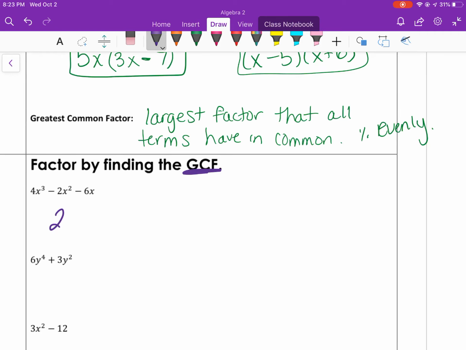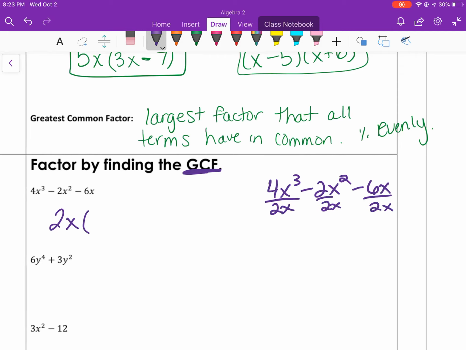Now, x cubed, x squared, x. X is the biggest one that I can take out because the 6 only has 1 x. The 4 has 3 x's. The 2 has 2 x's, but the most amount of x's I can take out is 1. Essentially, then you're dividing all of these by that 2x when you pull it out.